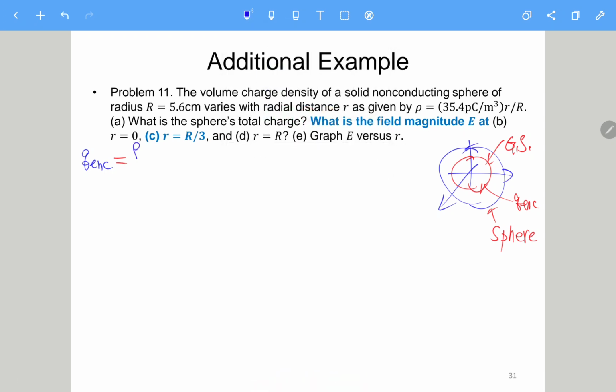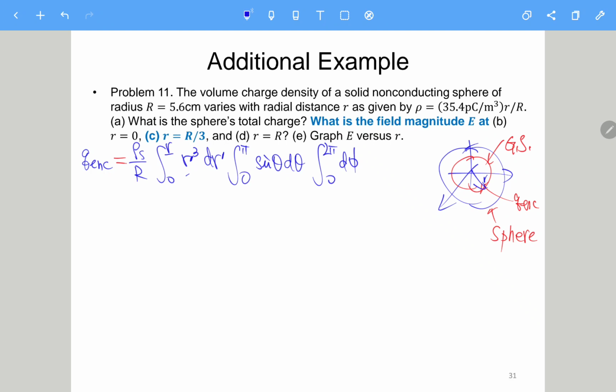I just tell you that Q enclosed will be the same terms, rho s over capital R, and then the integration of r cubed dr. Here we only integrate from 0 to small r. Let's denote the variable as r prime, so that you can distinguish it from this r. And then similarly d theta for sine theta from 0 to pi, and d phi from 0 to 2 pi.